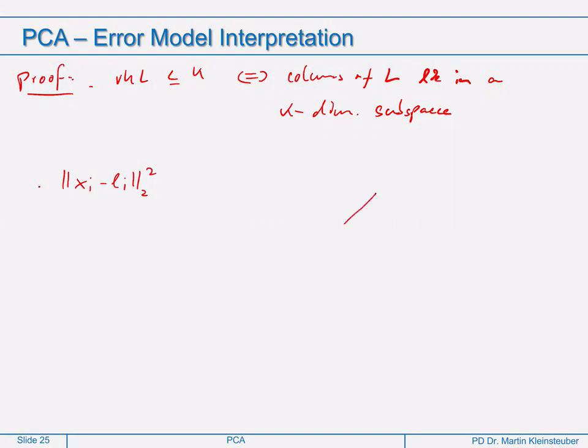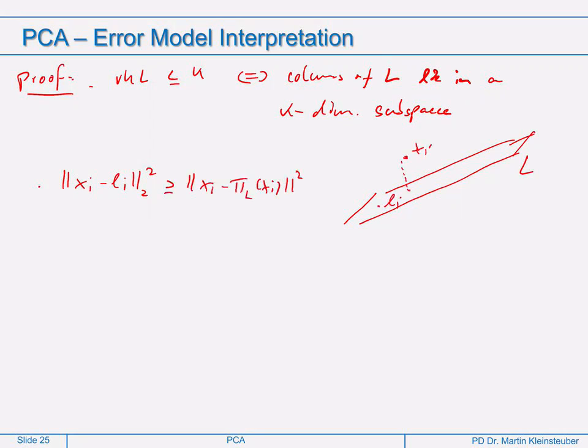Right, so if this is the subspace L, and this is xi, and here this is Li in some subspace, we have that the norm of xi minus Li is always greater or equal to the norm of xi minus the projection onto that subspace L of xi, squared, right?